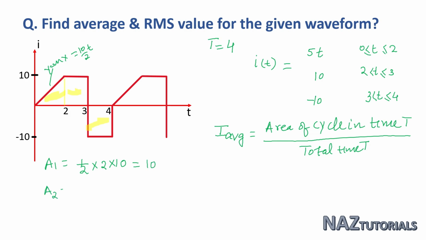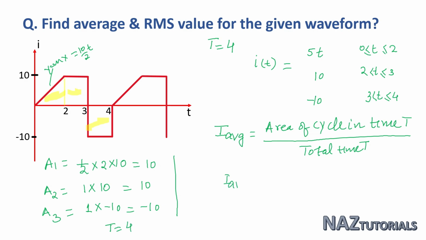For area 2, base is 1 and height is 10. It is also 10. For area 3, our base is 3 to 4, that is 1, and height is minus 10. It is minus 10. And the total time T is 4 seconds.